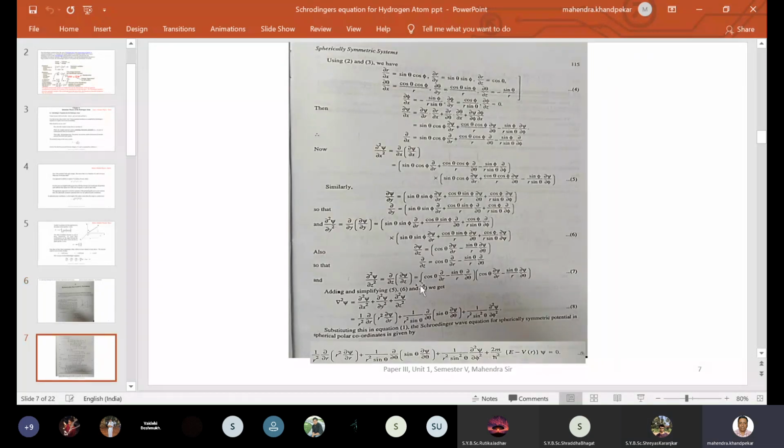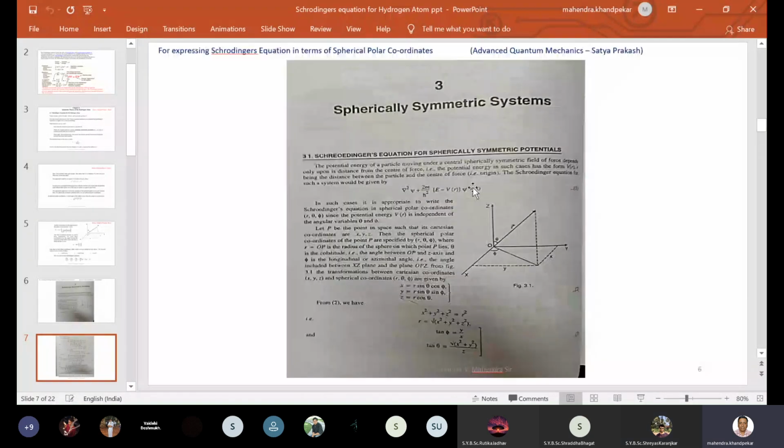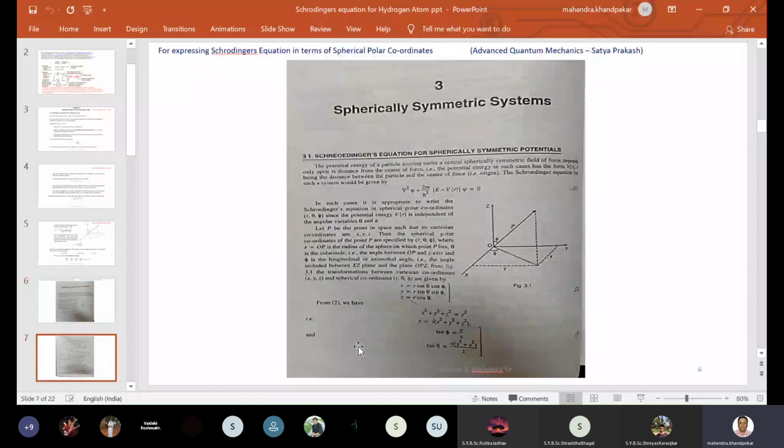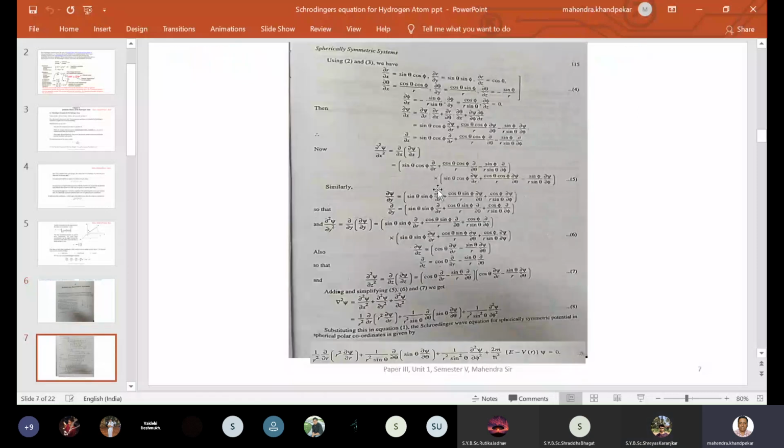You can see mathematical expressions are given here. These mathematical expressions are actually not needed when we write the derivation, because I am going to come from here, this equation del square psi plus this, directly to this point. So I will say that the Schrodinger's equation del square psi plus 2m by h cross square e minus v psi can be written in terms of spherical polar coordinates, with this 1 by r square del by del r and this whole thing.